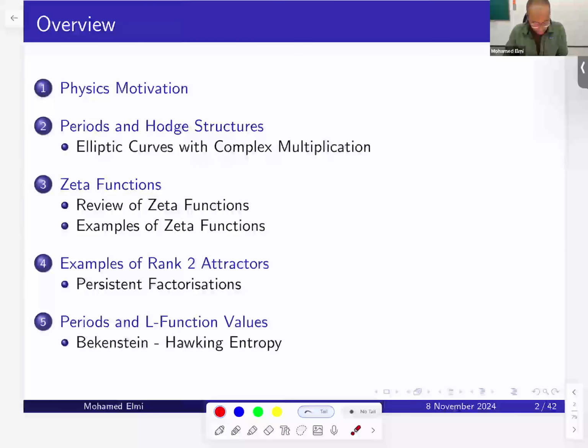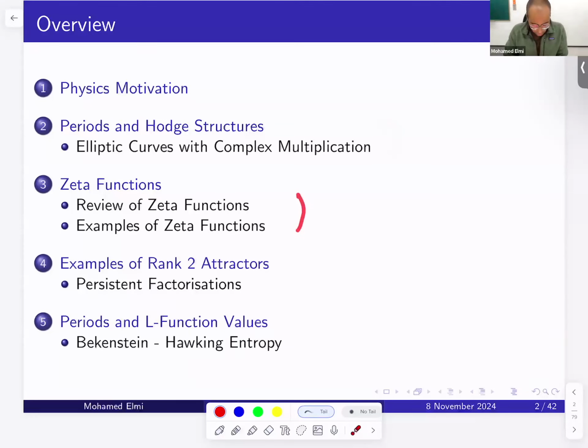All right, I'll start with some motivation and I'll review some techniques from arithmetic geometry. I'll spend some time on this example of elliptic curves with complex multiplication, because many of the things we do in the more complicated examples involving Calabi-Yau manifolds are essentially this idea, but on steroids.